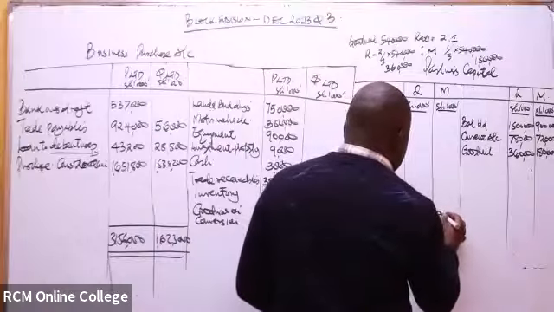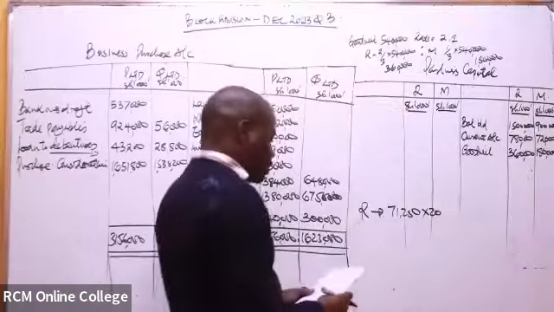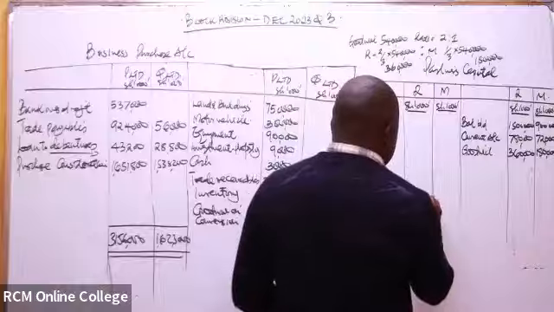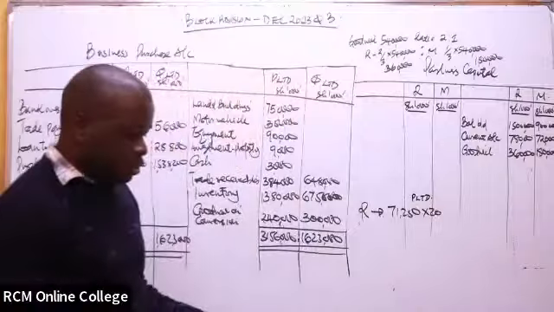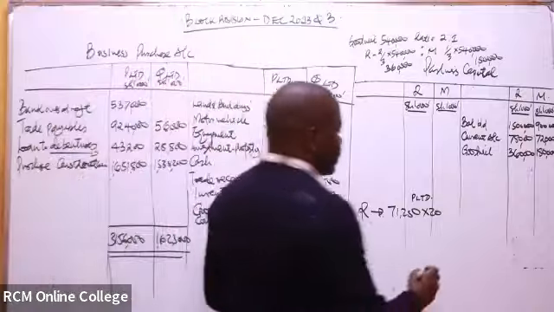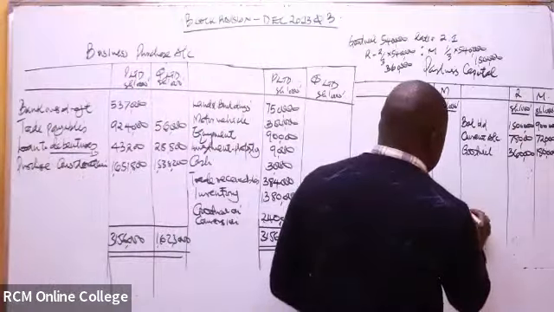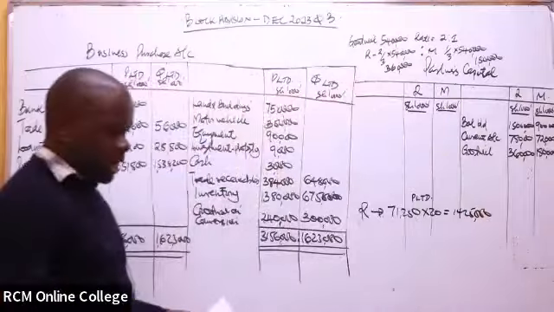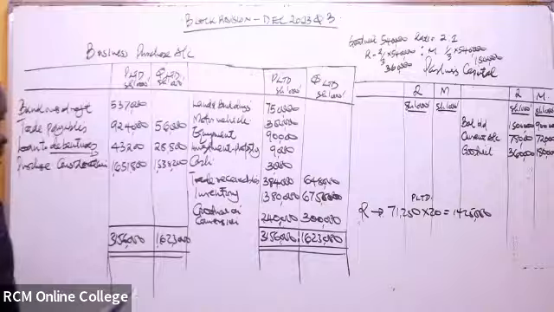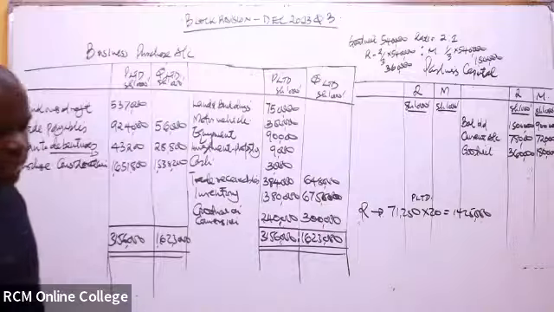Multiply 71,250 by 20. These are the shares he took in P Limited. If you do the computation, he took over 1,425,000 in P Limited.